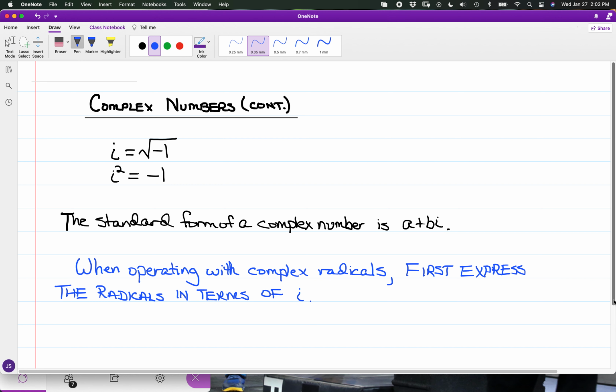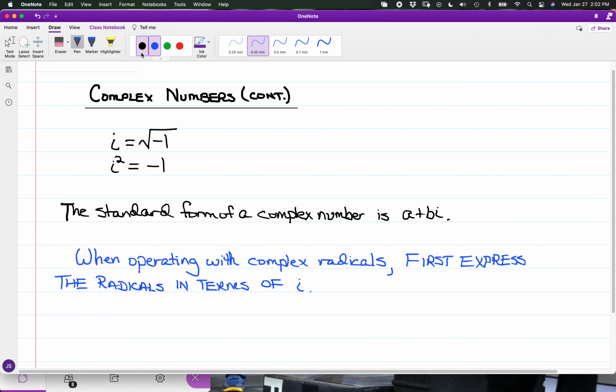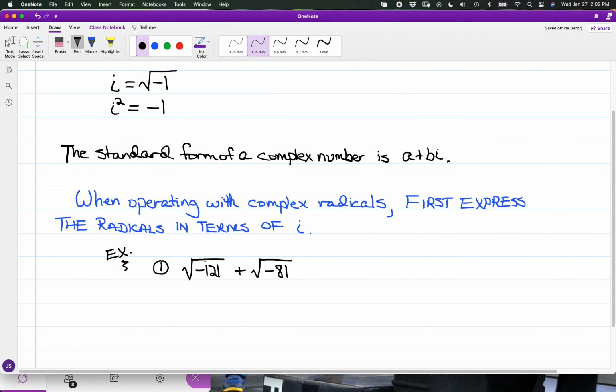And we can take, for instance, in terms of adding radicals, let's say the square root of -121 plus the square root of -81. Again, we have square roots of negatives, and those are already going to go to i terms.